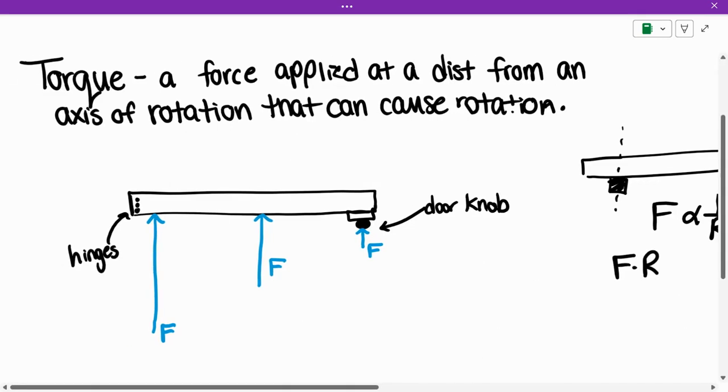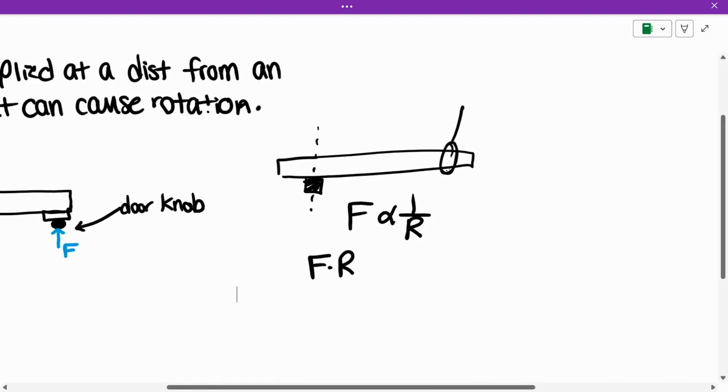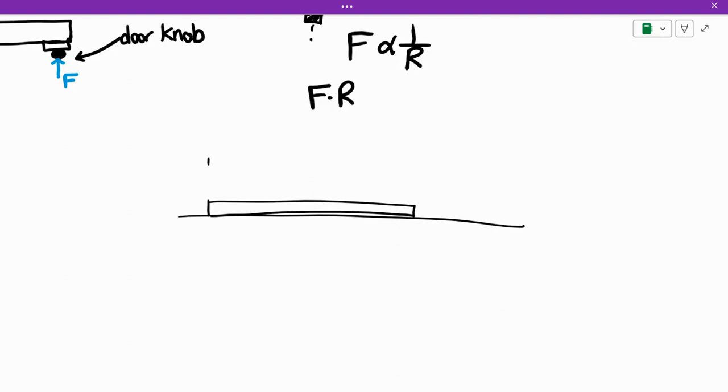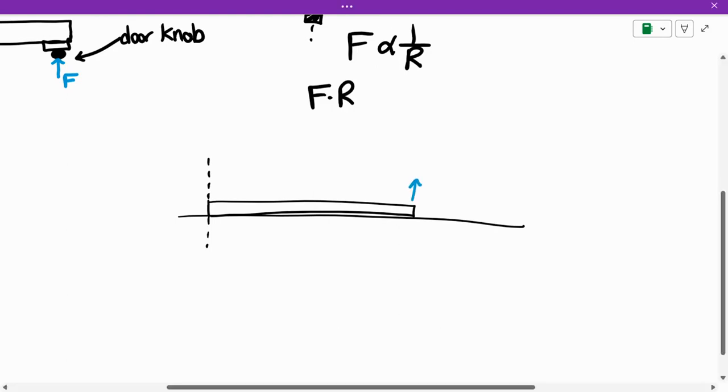Right? So that's true for pretty much anything you've ever thought to try and rotate. The further away you are from that axis of rotation, the easier it is to rotate it. That's why if we're picking up, say, a board that's on the ground, and we use this end as a pivot point, keeping this end on the ground, it's easier to lift the board from the complete opposite end than to lift it in the center, because we have this inverse relationship between force and r.